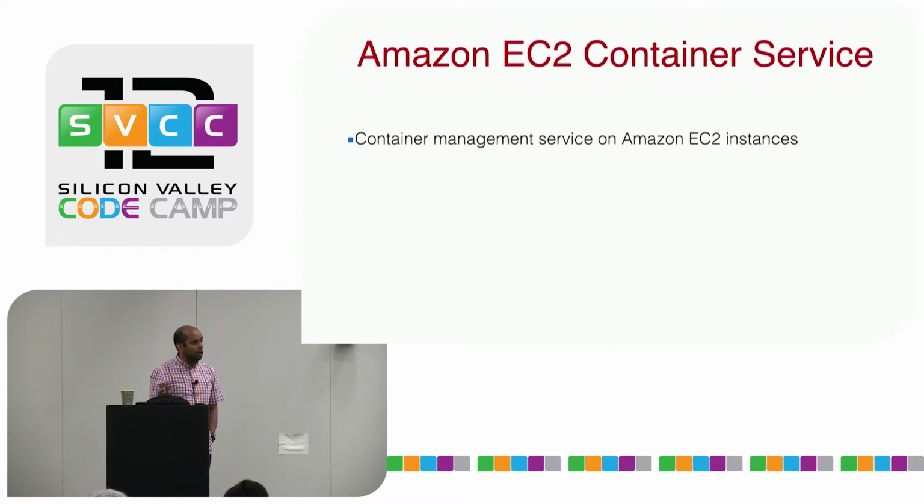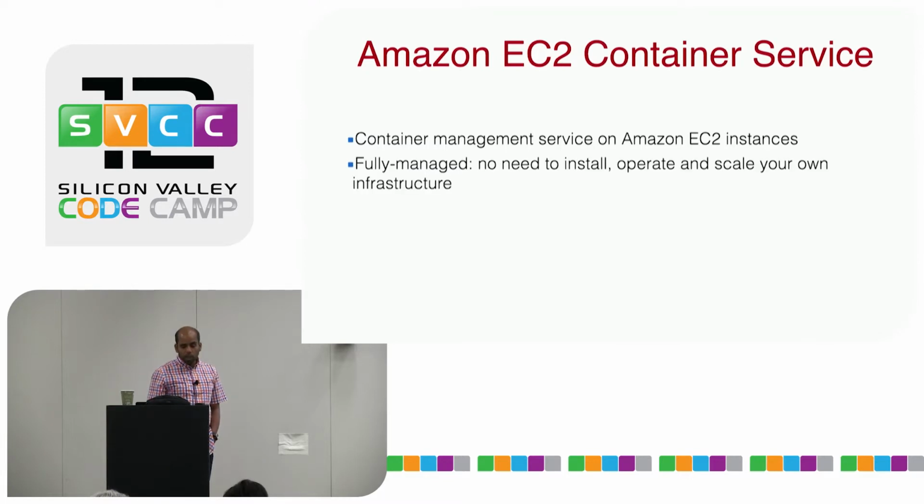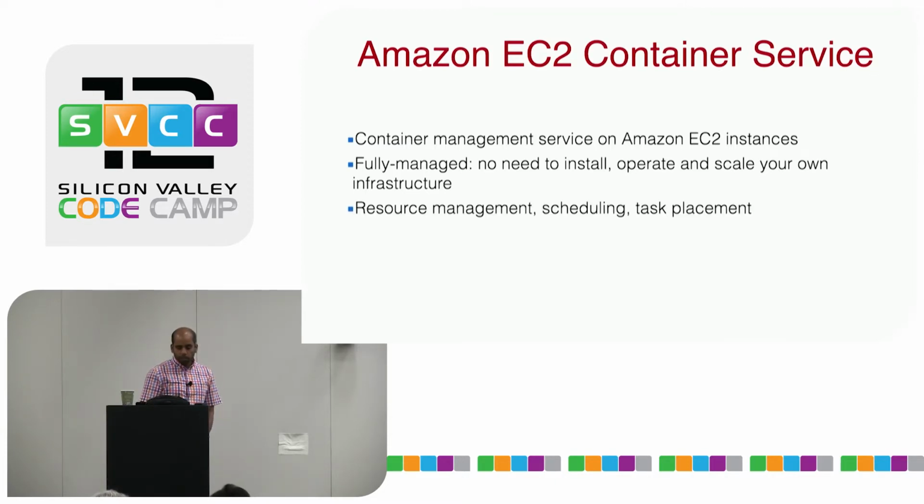It's a fully managed container service using EC2 instances. There is no need to install or operate. You just go to the AWS console and you say, build my infrastructure. And then you say, I want a 4-node cluster. It'll create the cluster for you. It'll have all the nodes set up for you. It is, again, fully integrated with AWS. So, for example, you can set up CloudWatch alarms.